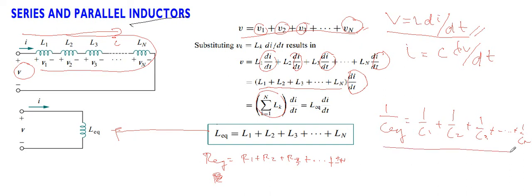This is how we get the equivalent for series capacitors. But this is how we get the L equivalent for series inductors. So, we will then discuss what parallel inductors are.